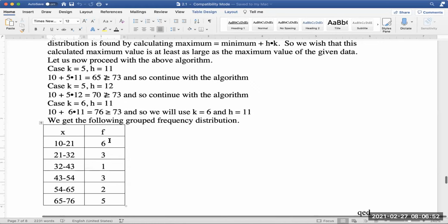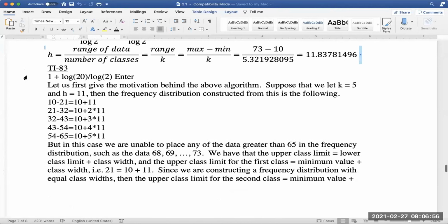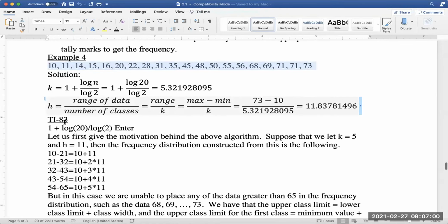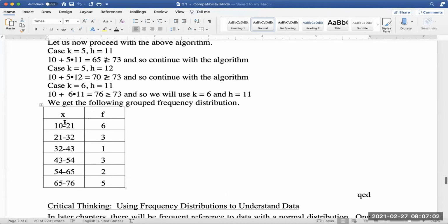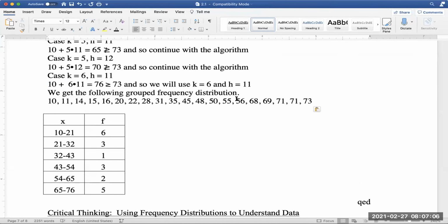I then, maybe I'll grab this for a second. Try to determine my frequencies. So between 10 and 21, there are 2, 4, 6 numbers.